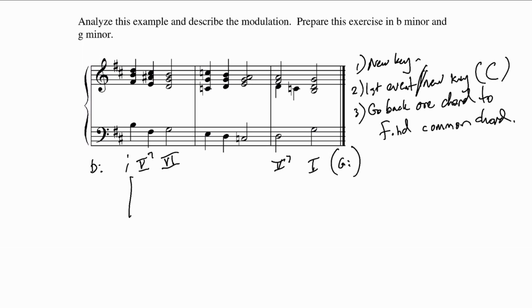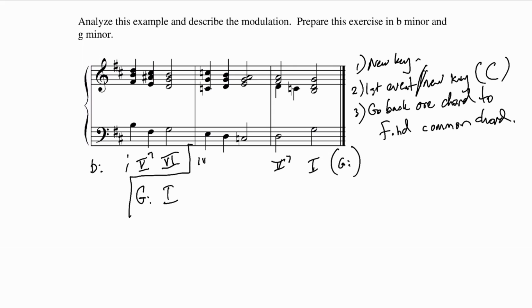So I make that bracket, and I always think about the pivot chord, the common chord, and the chord right before it. That's how I make the bracket. I make it big enough to cover the chord before it and the one that we're analyzing, so that I can write the new key right here, G, identify it as a 1 chord, and then again we snake our way back up and we do the rest of the analysis in the key of G, in the new key.